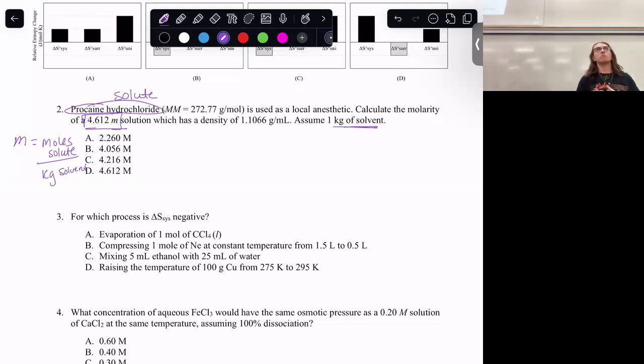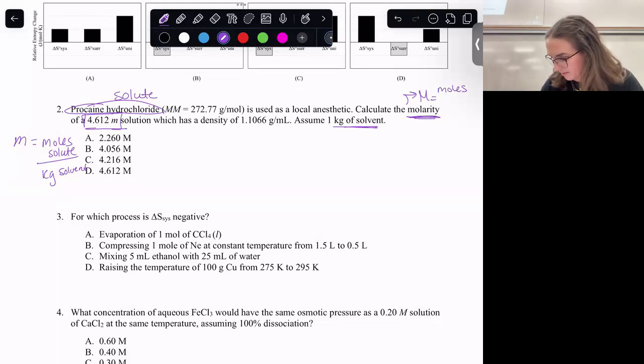So what can we get from this? I guess before you answer that, we want to get to molarity. What are the units of molarity? Moles over liters, and moles of what over liters of what? Perfect.